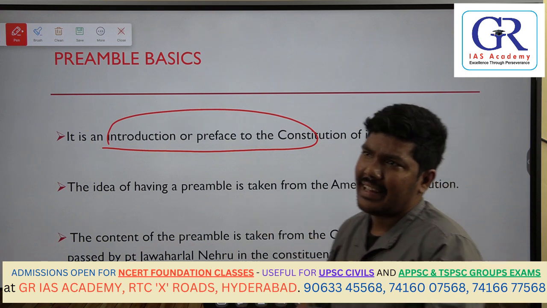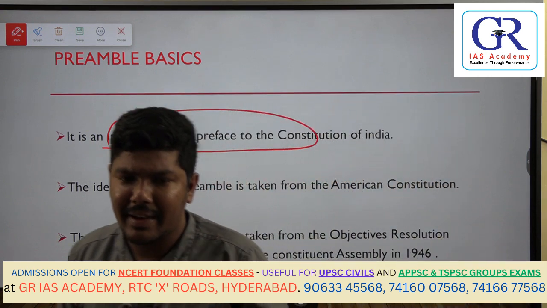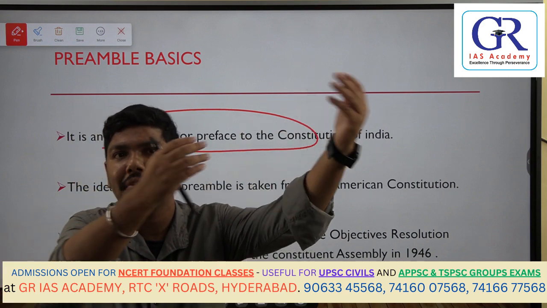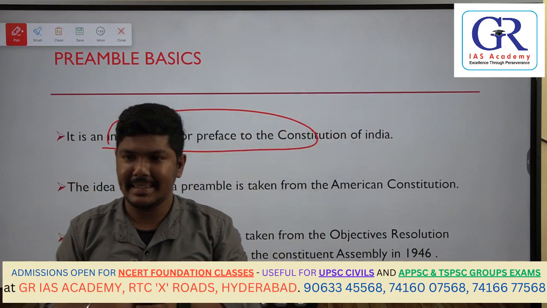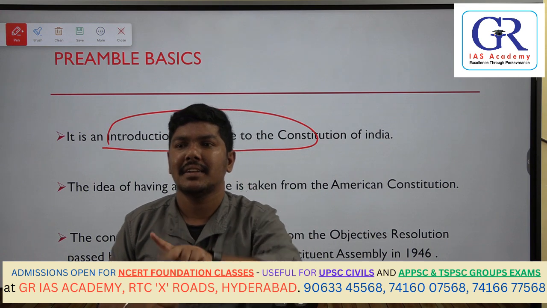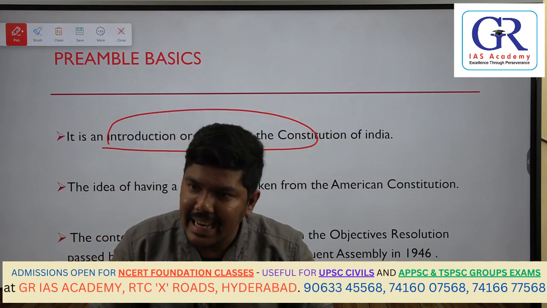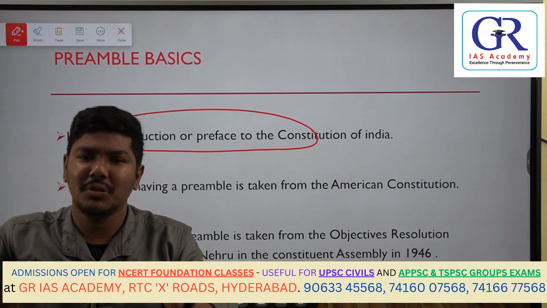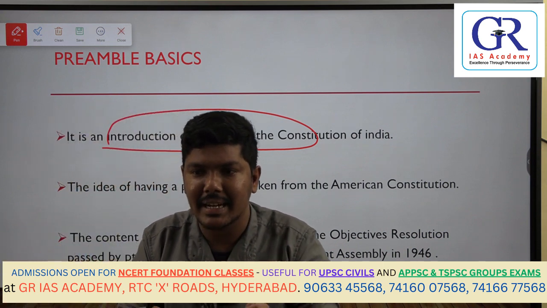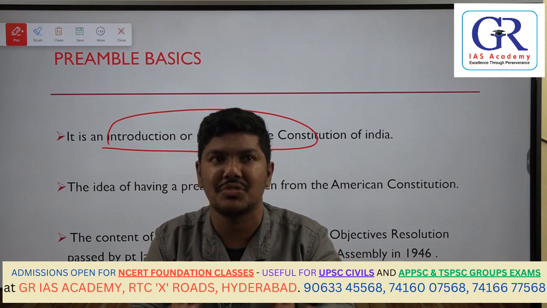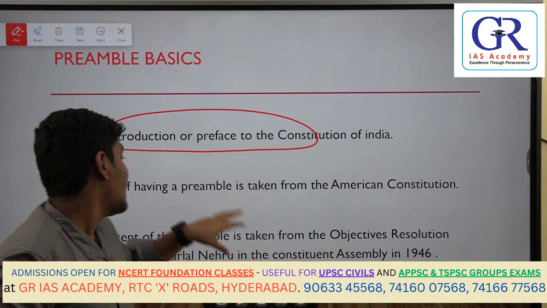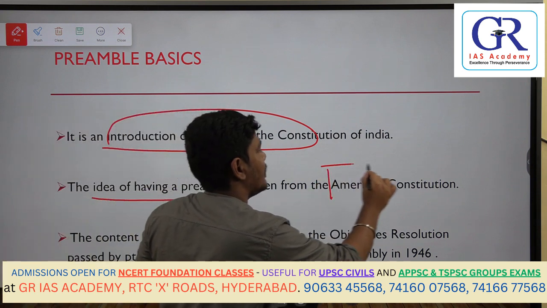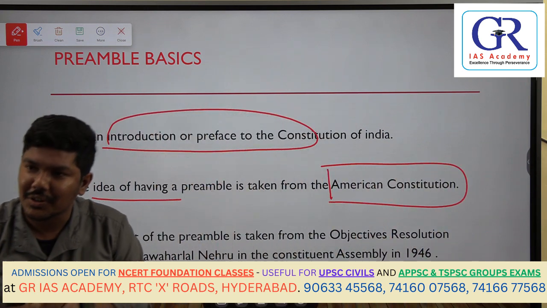Second important point: by now you might be aware that in our constitution we have many features that we brought from multiple countries. For example, fundamental rights we brought from the US constitution, directive principles from the Irish constitution, etc. Likewise, the idea of having a preamble is also taken from the American Constitution.